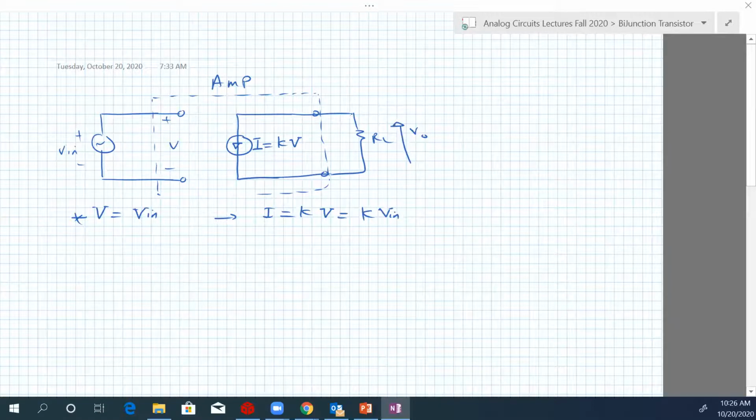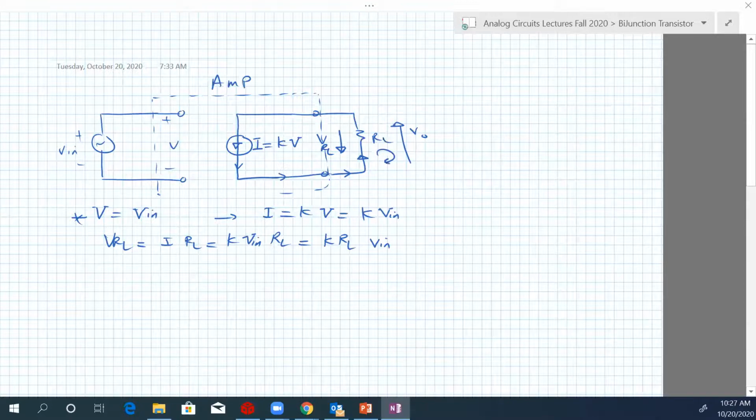And now let's see what V output is equal to. So this I is flowing in that way. So the voltage across the resistor will be in that way, opposite to the current. So V RL equals I RL, and I is equal to K V input, so V RL is equal to K RL V input.